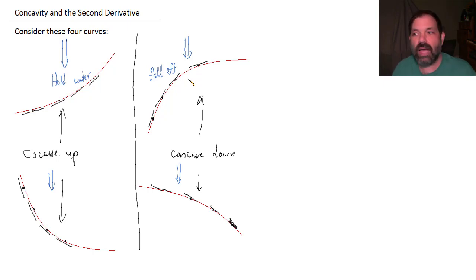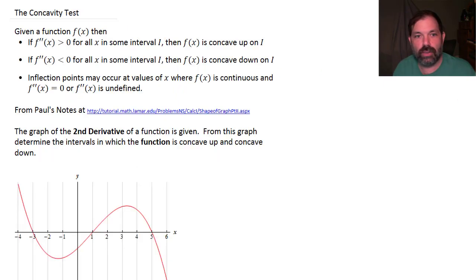And in fact, that's what we call the concavity test. Given a function, if the second derivative is positive for all x on an interval, then the function is concave up on the interval. If the second derivative is negative on an interval, the function is concave down on the interval.